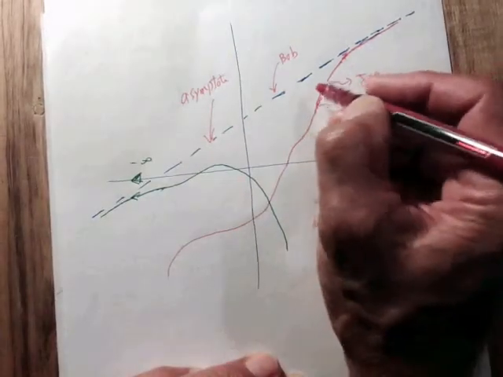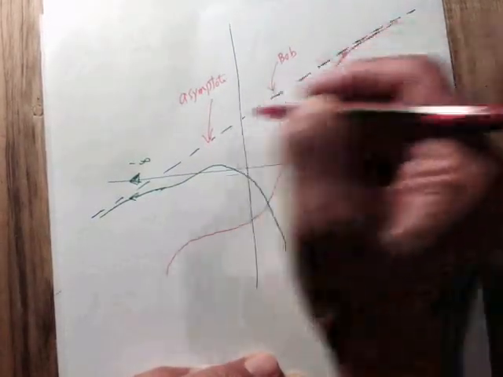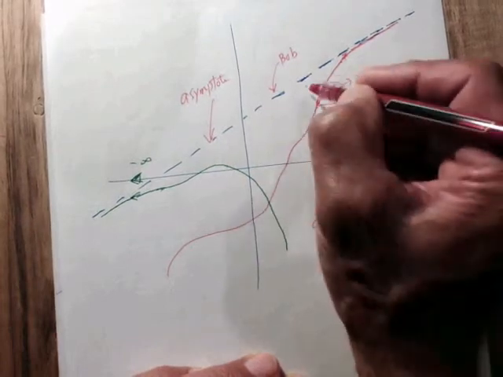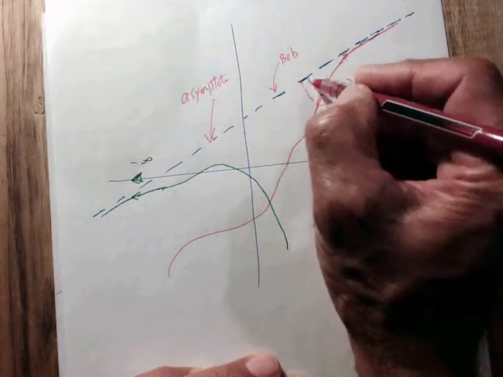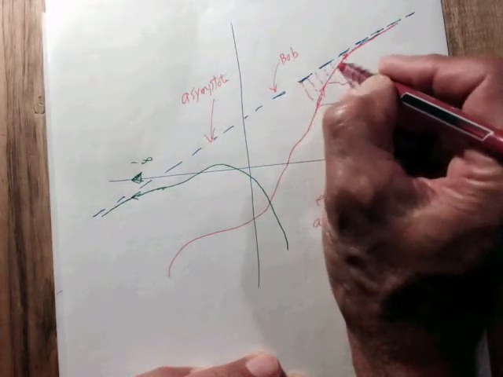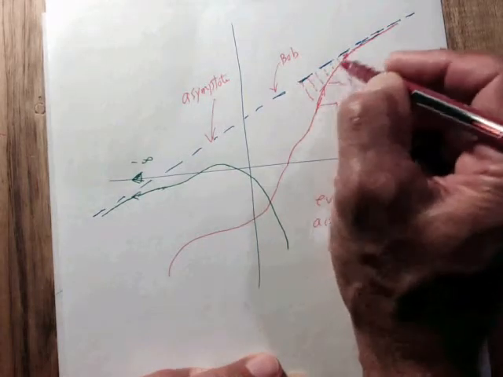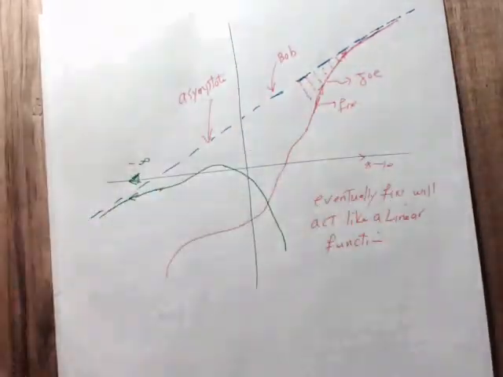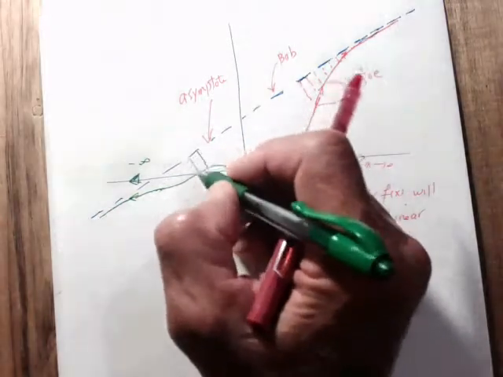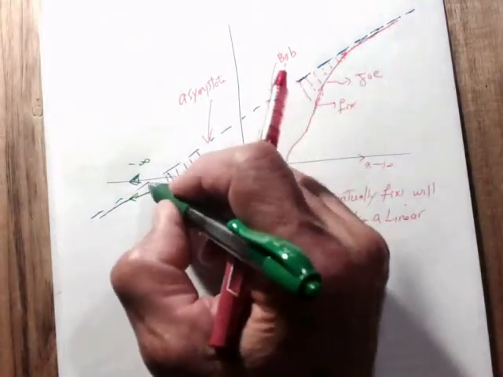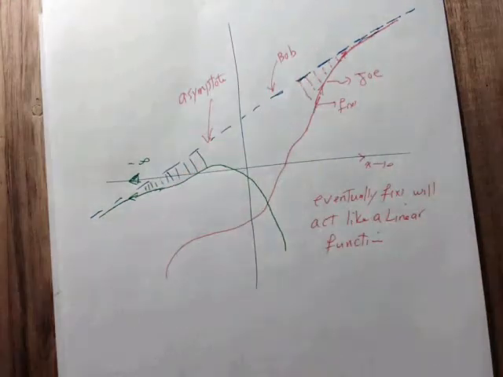Like the distance between this asymptote and my function f of x is getting smaller and smaller. The distance goes to 0. Like here, the distance between my green graph and this asymptote goes to 0. Okay, so that's the meaning of asymptote.